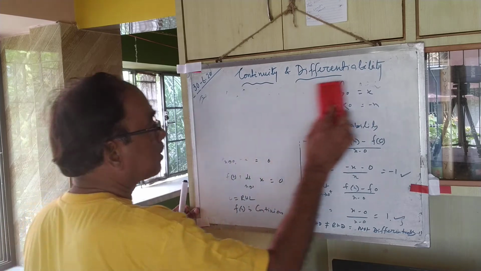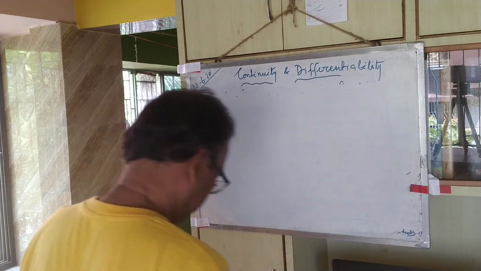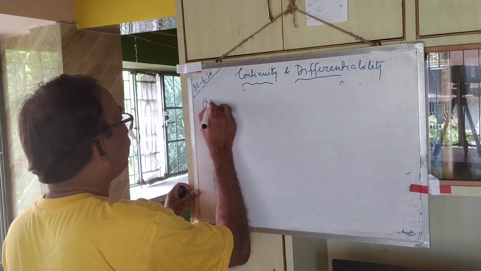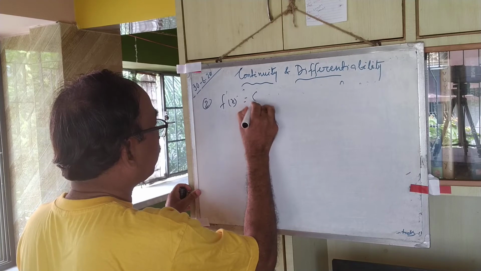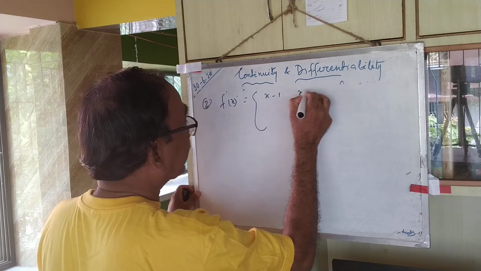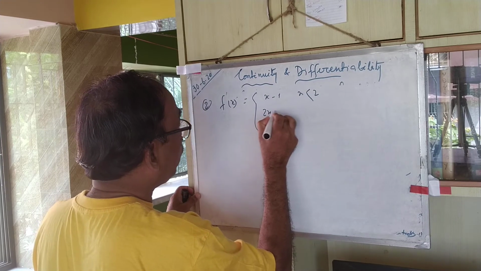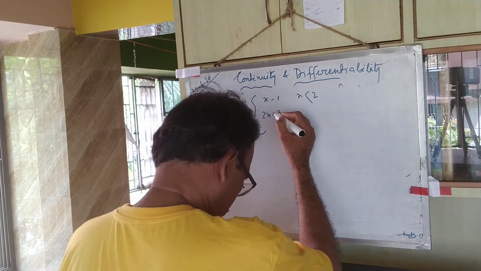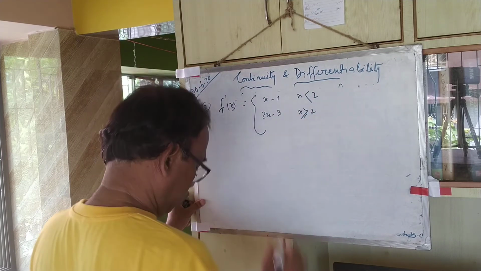Next, sum number 2. f(x) equals x minus 1 when x is less than 2, and 2x minus 3 when x is greater than or equal to 2.